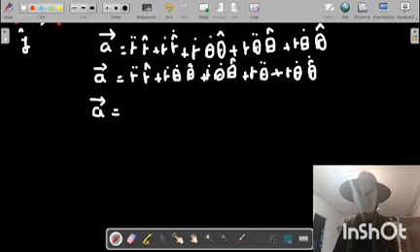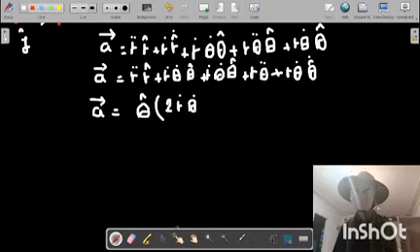So let's factor a theta hat here. Two R dots theta dots. We're basically using this and that. We're summing them up, right?